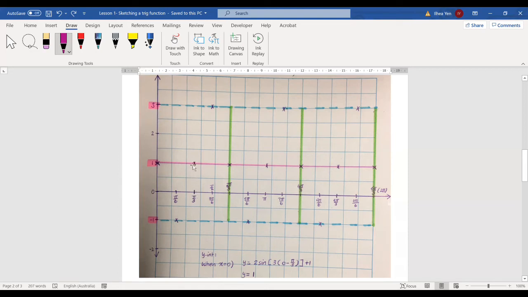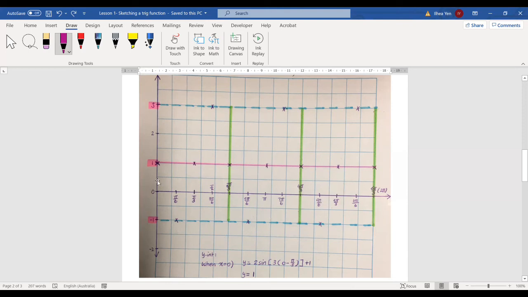So I just cross that because that's my starting point. And I know each cycle, each section, is going to repeat the pattern. So the pi over 3, I cross that on the center, and pi, I cross that on the center, 5 pi over 3, I cross it on the center, because each one will be repeating the same pattern.